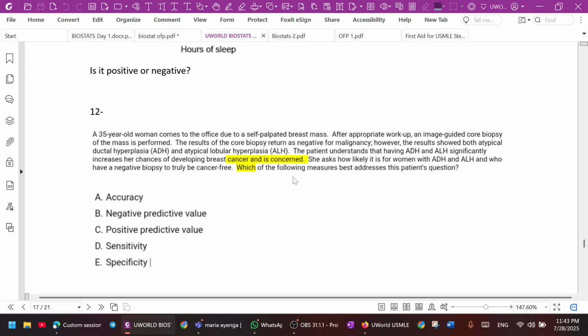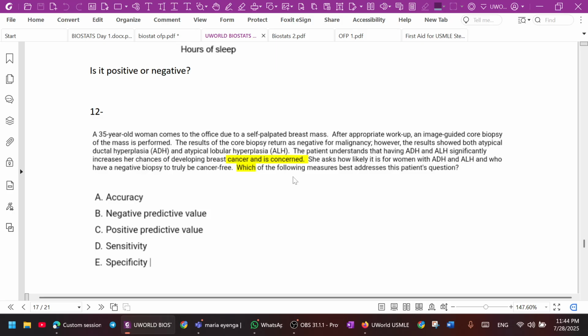Negative biopsy, truly cancer free. So they are looking for true negative. This is the same one as where I was telling you X given Y. The line is the given, and then the Y. So given what are they giving you?